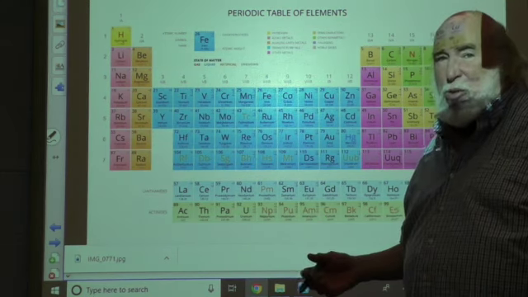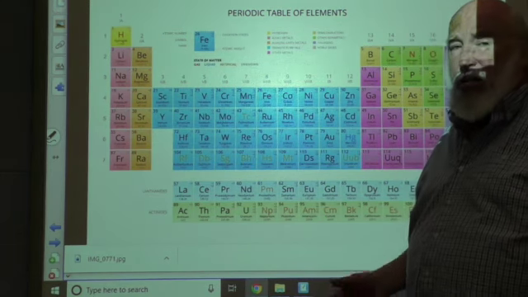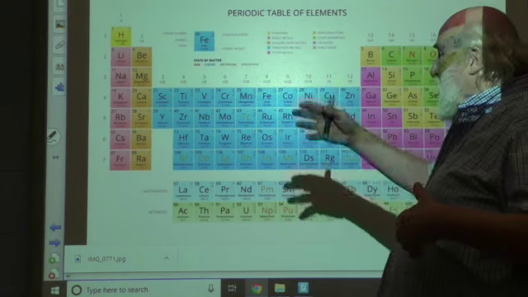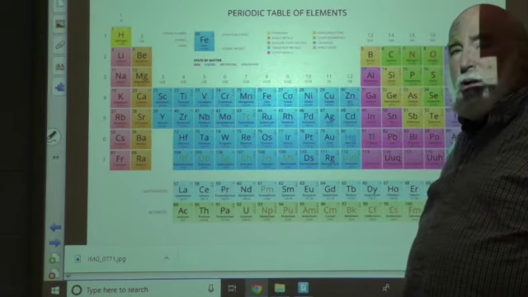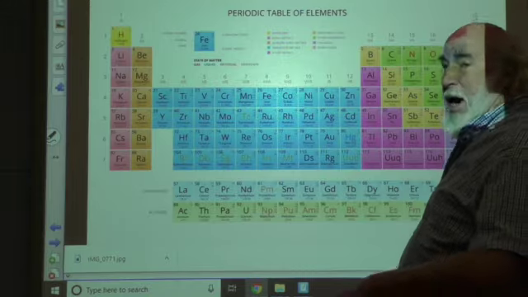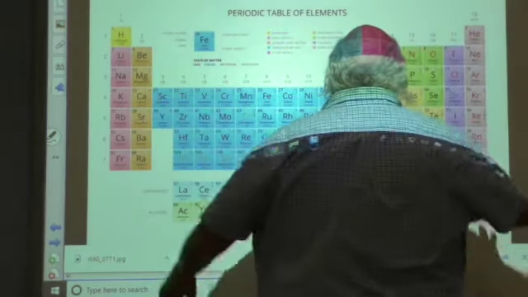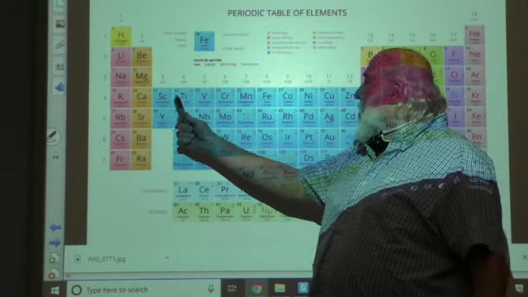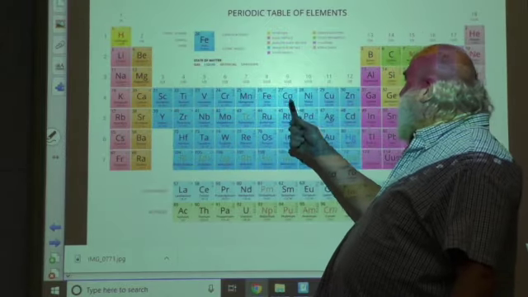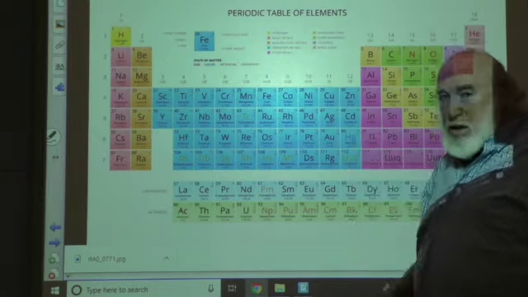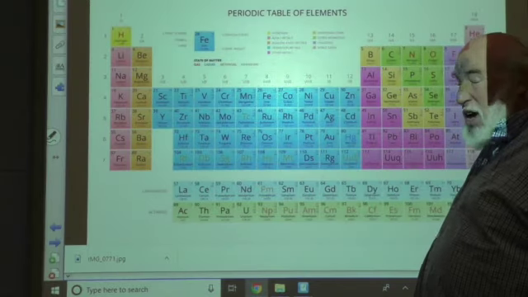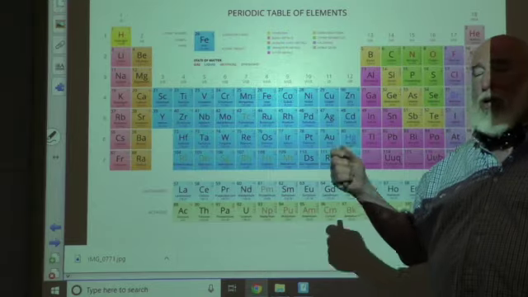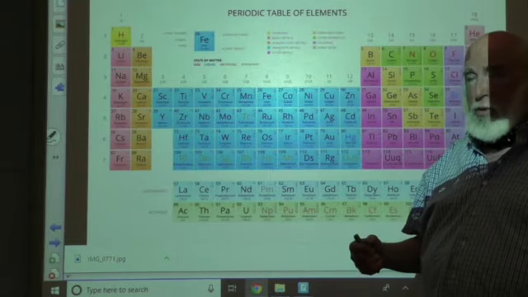And that's the issue. There are more electrons that can be held in the third level than is indicated by the periodic table. But if you take a look at the gap between the 2 on the left and the 6 on the right, you count these columns right here, 1, 2, 3, 4, 5, 6, 7, 8, 9, 10. 10 electrons. Those 10 actually belong in the third energy level.